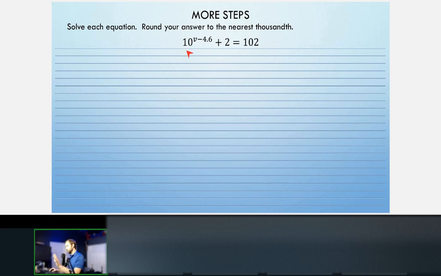So before you log or natural log both sides, make sure you try to combine like terms. That way we only have a single term on the left and a single term on the right. You especially want to make sure that the term that has the variable you're solving for is by itself. So there's your big hints. Ready to go.